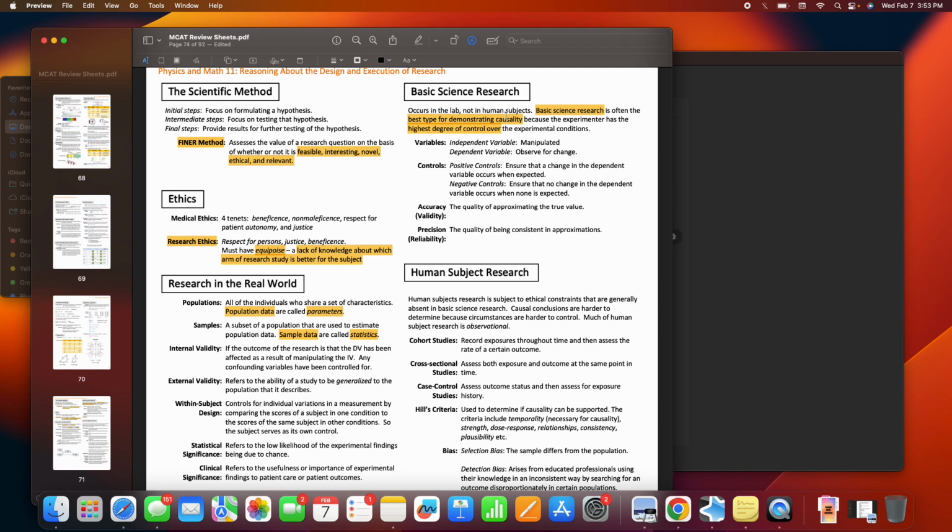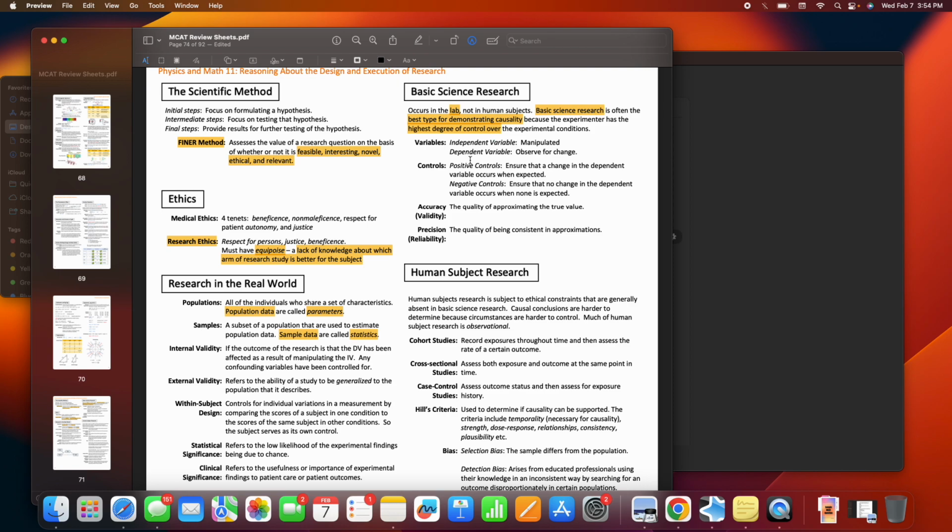And it is often the best type for demonstrating causality because the researcher has the highest degree of control over the experimental conditions. Variables consist of the IV, which is manipulated, and dependent variables that you observe for their change. So dependent variables depend on the independent variable, and you can manipulate the independent variable.